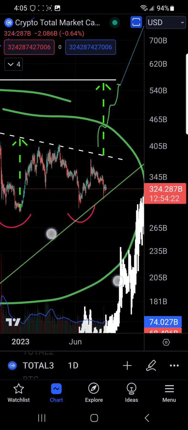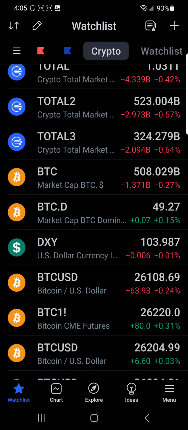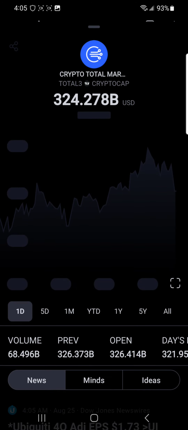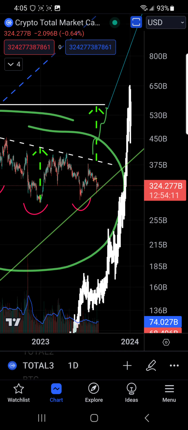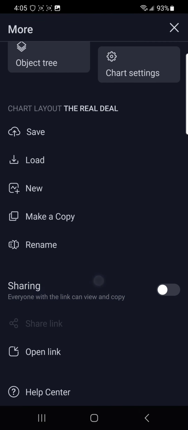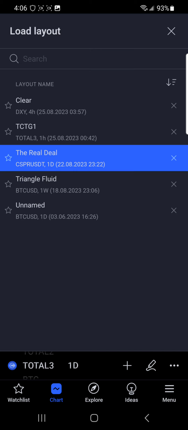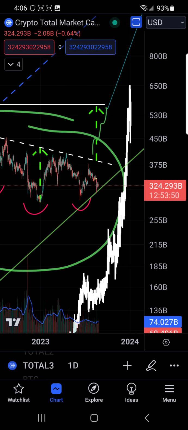Is this the right chart? No, this isn't the right chart. Well, this is fun, isn't it? Which chart do you guys think it is? I could have sworn it's this chart right here.